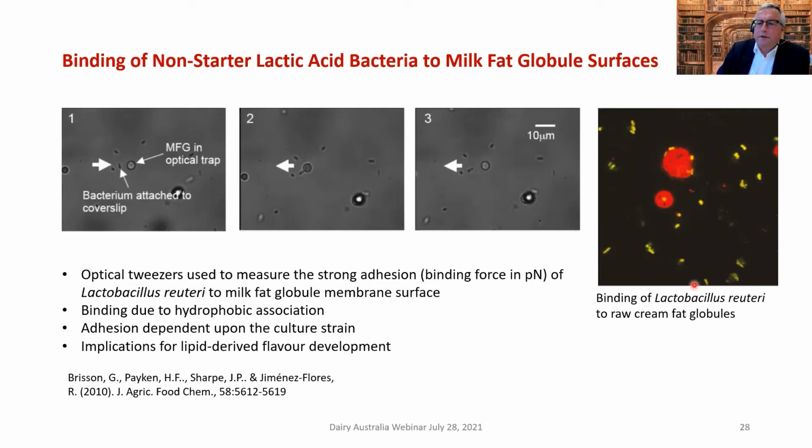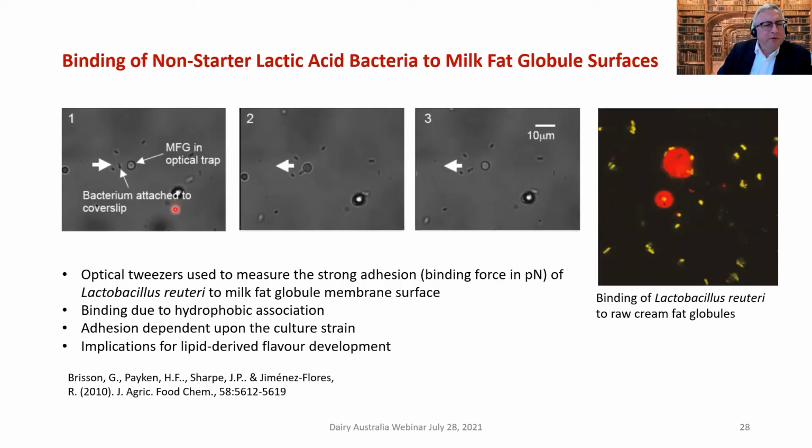And looking at the right, this lab group looked at binding of Lactobacillus reuteri, which is given by the yellow circles, to the surface of the red fat globules. You'll see they're sticking here. And so it was of interest to these scientists to figure out how well do they stick.